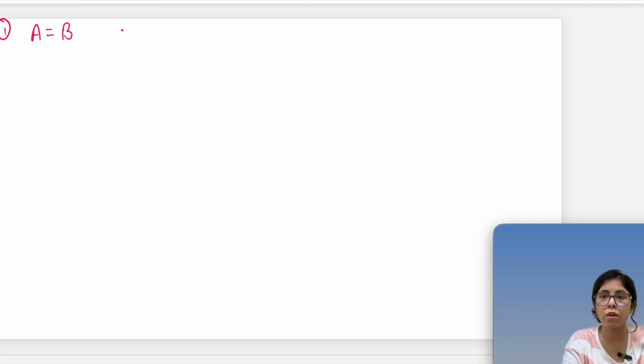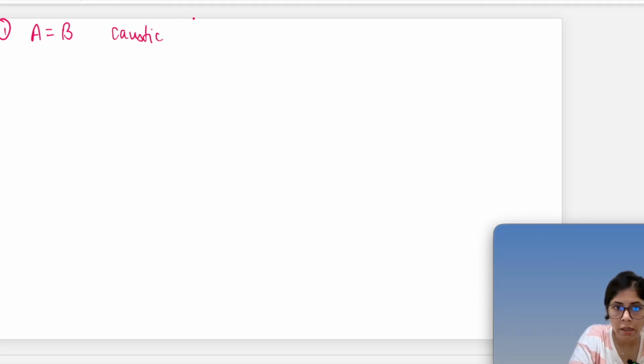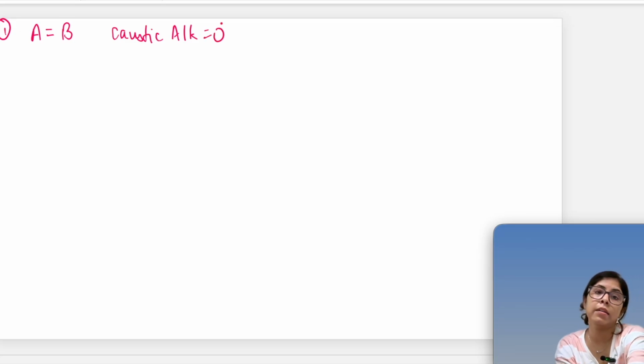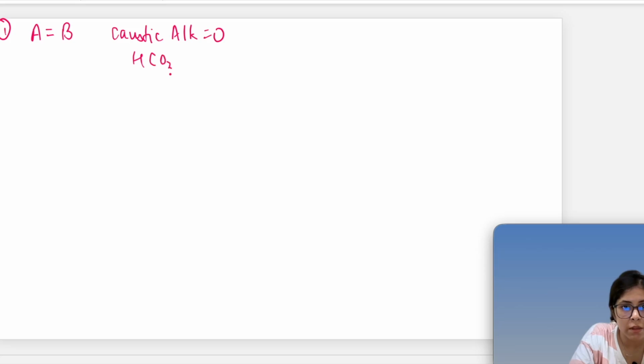And that means the volume it took for neutralizing the phenolphthalein alkalinity is similar to what it took to neutralize the methyl orange alkalinity. So in this case I can say caustic alkalinity is 0, and bicarbonate alkalinity is also 0.